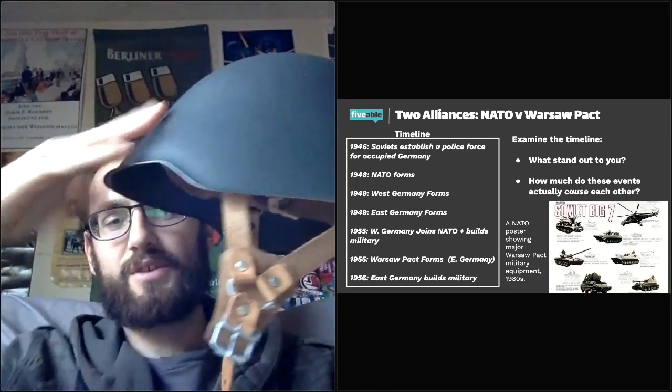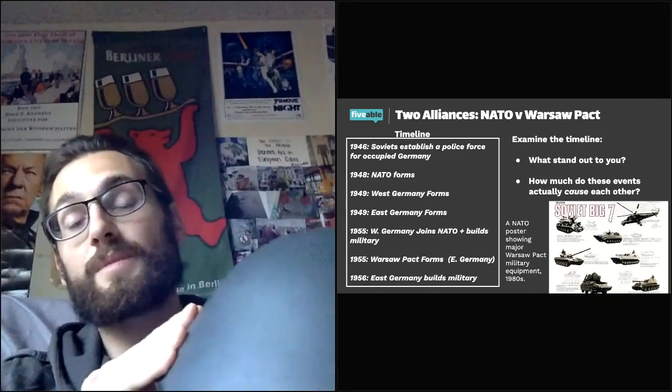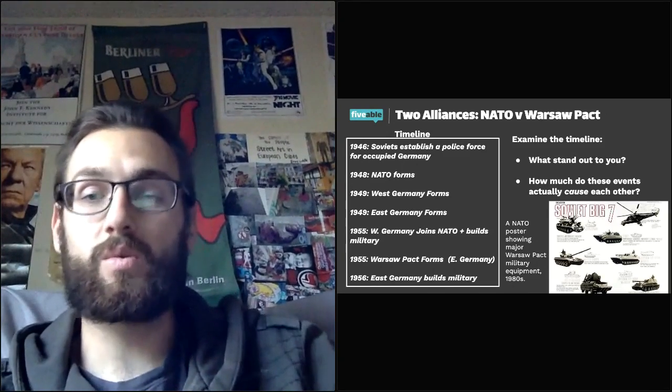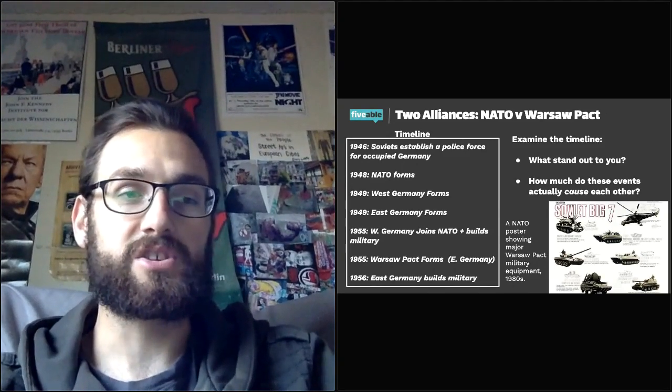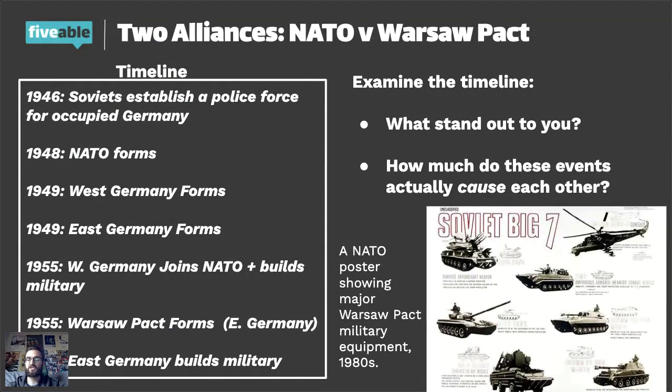Little visor on the front, and then just straight down in the back. And so it's kind of cool about East Germany is that they built their own helmets, whereas every other Warsaw Pact country just borrowed the Soviet model. The East Germans built their own helmet, which I always think is pretty kind of cool.